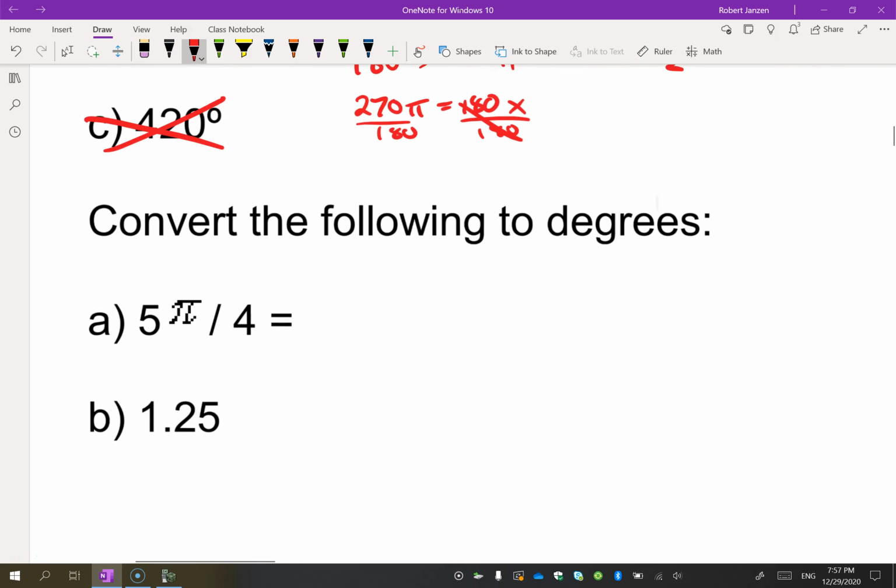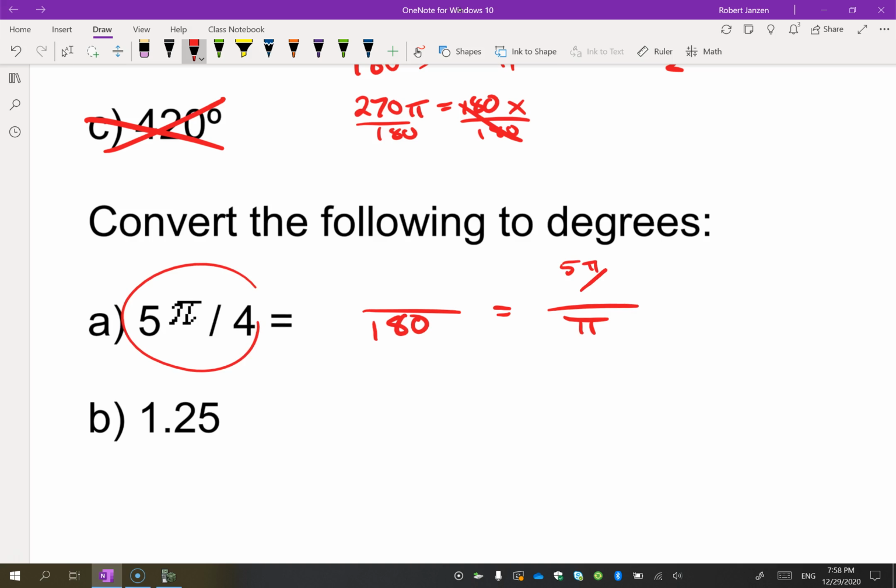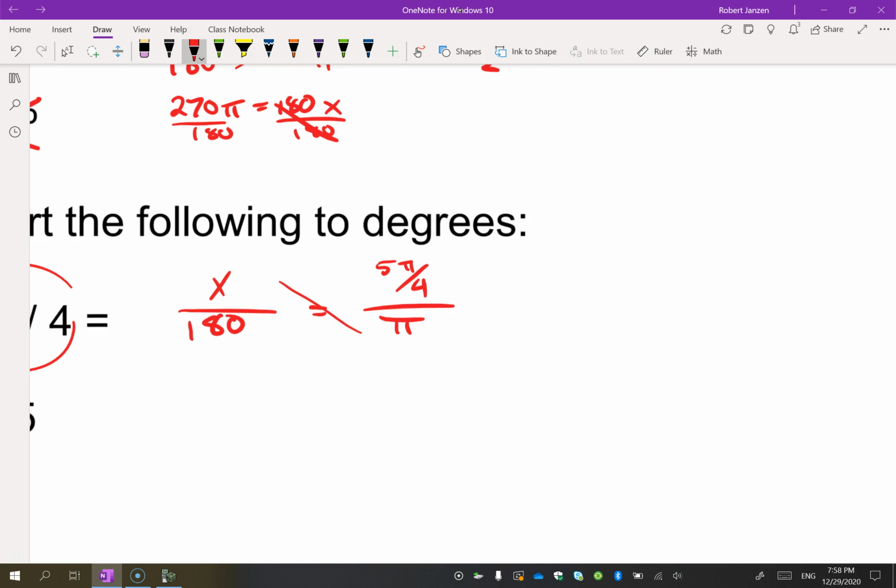We'll do the exact same thing now going the other way, so use the same ratio. 180 is pi, but this time we have the radians. So I'm going to put 5 pi over 4 here, and we'll put x there. Okay, so we'll cross multiply. I get pi times x equals 180 times 5 pi over 4.